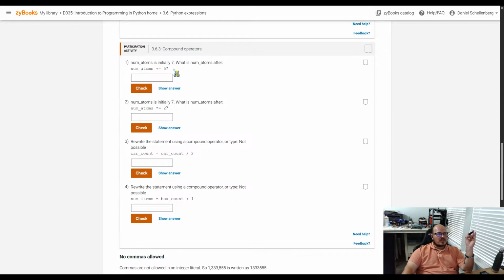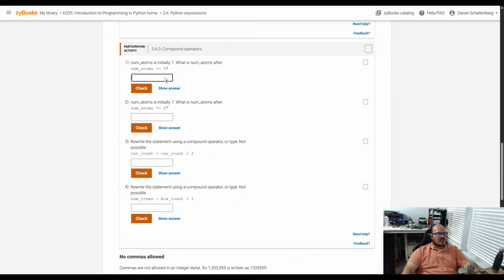Num atoms is initially 7. What is num atoms after? So num atoms is initially 7. So is it saying, is there a way to turn this off? Oh, so it's just going to do it. I have to click X every time.